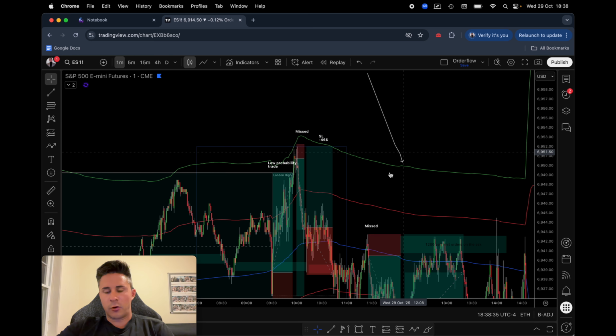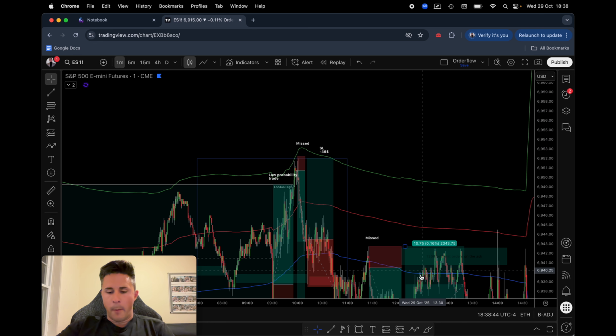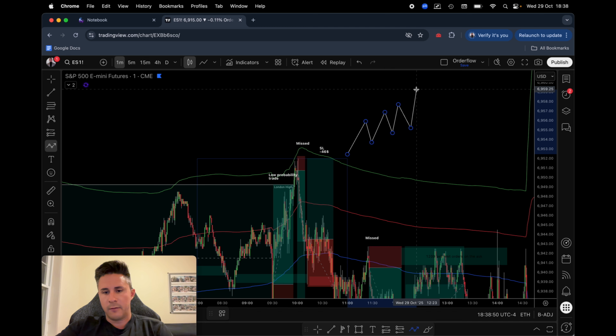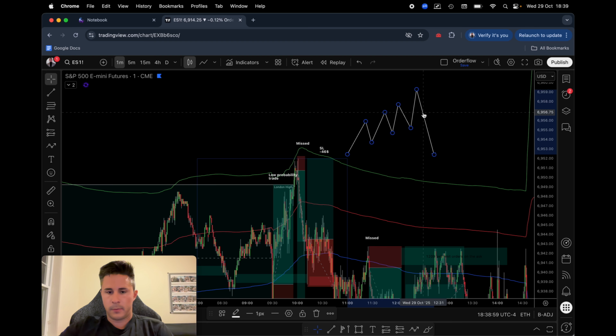If it's selling like crazy, it's a bad idea to buy from it, okay? You can really get cut. You're trying to catch a falling knife. But when price is slowly going up, no big crazy volatility, you can look for a sell, especially if it lines up with other levels.